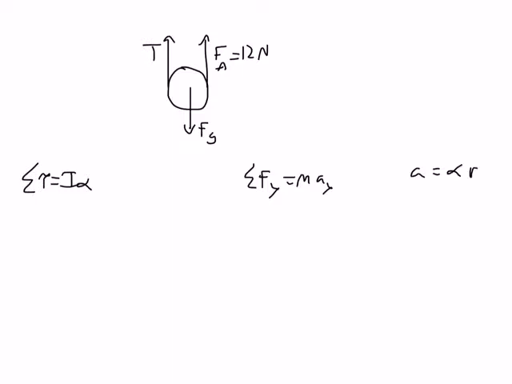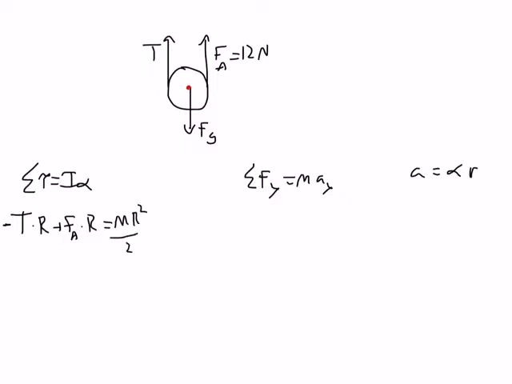If we again pick our pivot point to be the point that's actually rotating around, this time we can't pick anywhere else, then we can write the net torque as the applied force times R minus the tension times R. We're given the moment of inertia of the disk, so I'll substitute that in.